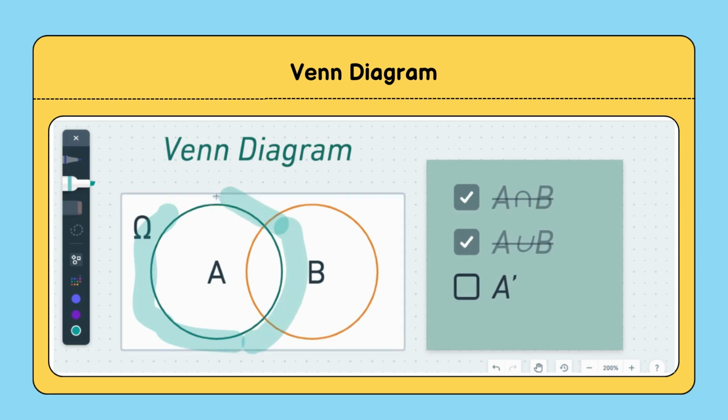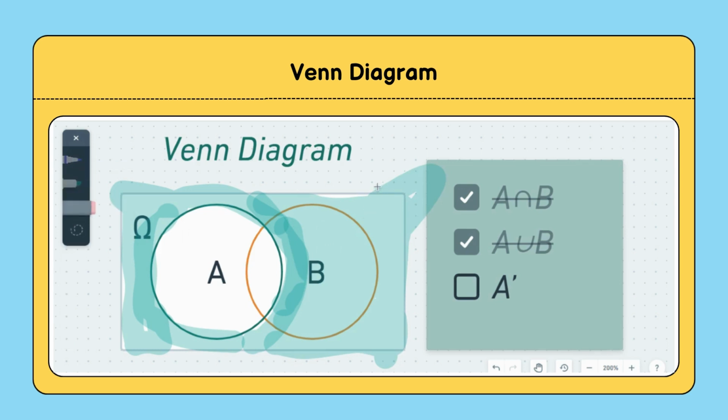Here is the rectangle, which we can show with omega or with U. In the book, we use omega, I believe. This is why I used omega here. But in the previous slide, I used U for universal. This is the representation of a complement, which is everything that is not inside A. So basically, you color everything, but you decolor, I guess, if that's a word, set A.